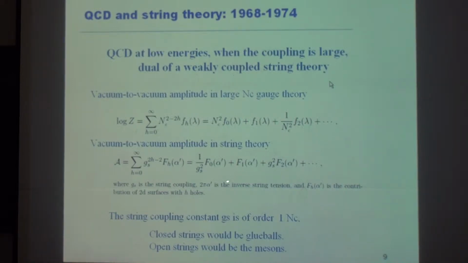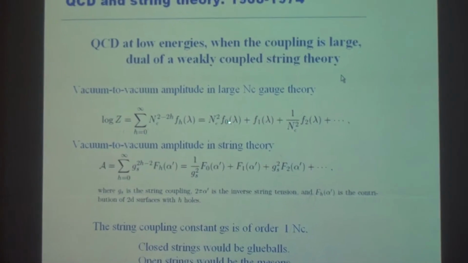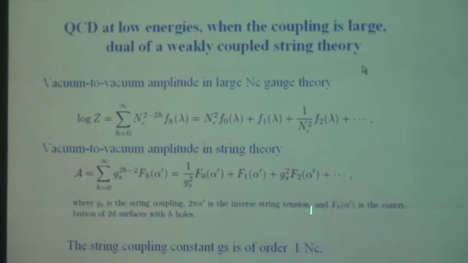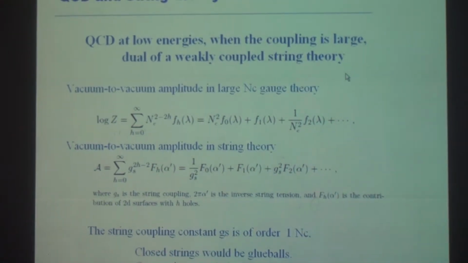G_s is the string coupling, and this one is the inverse string tension. Then basically you can read this duality from these two series. This suggests that closed strings would be glueballs and open strings would be mesons.